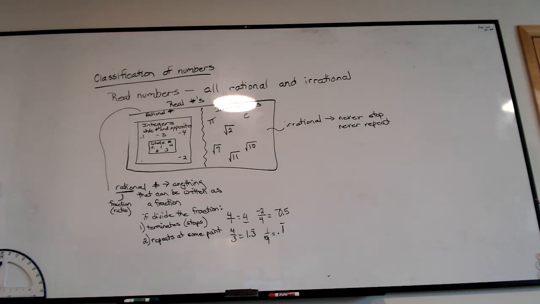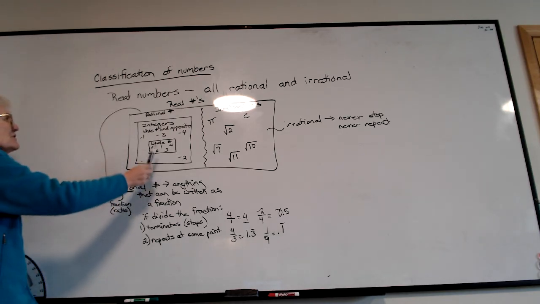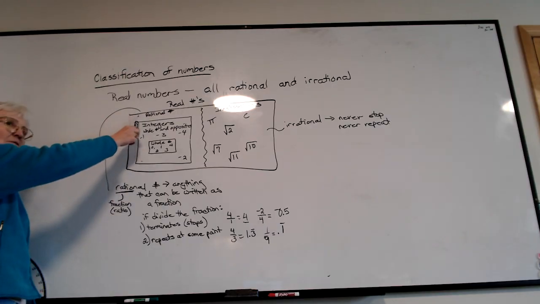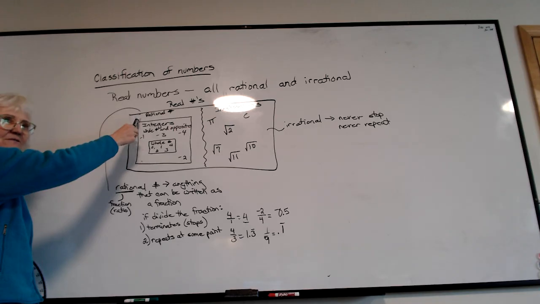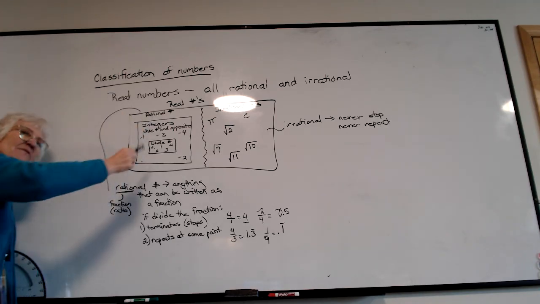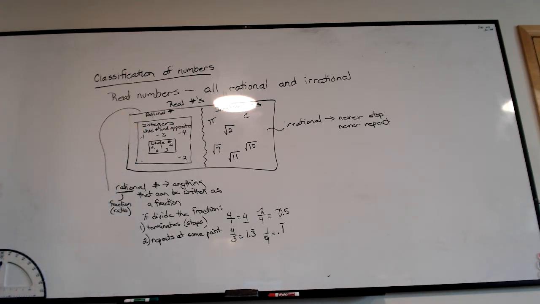So whole numbers and integers are within rational numbers. Or you could say fractional numbers if you wanted to. If you called these fractional, I would say that's fine, because that's really what they are. Ratio means fraction. So if you say fractional numbers instead of rational numbers, that's fine with me.